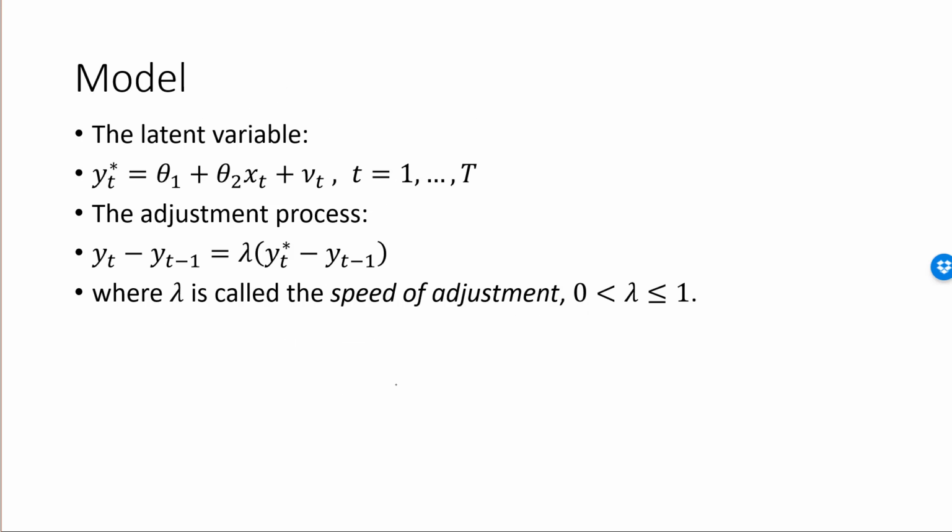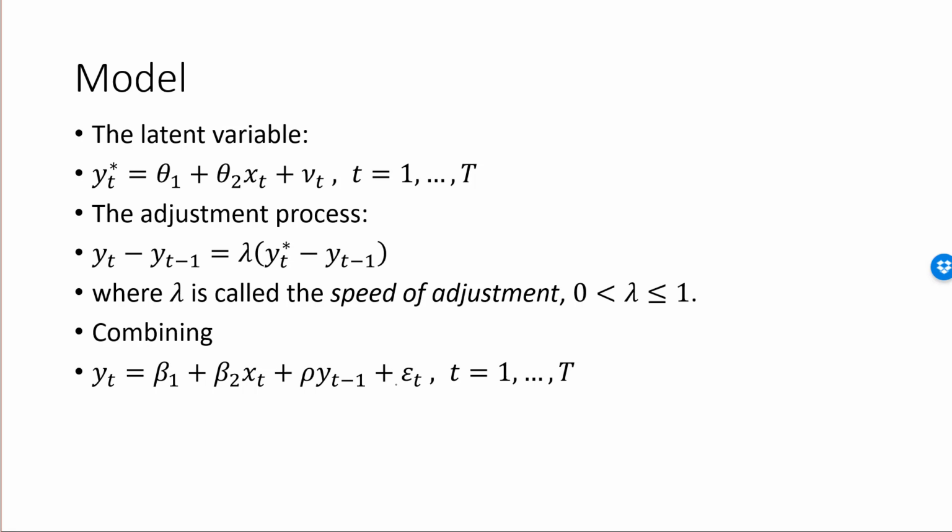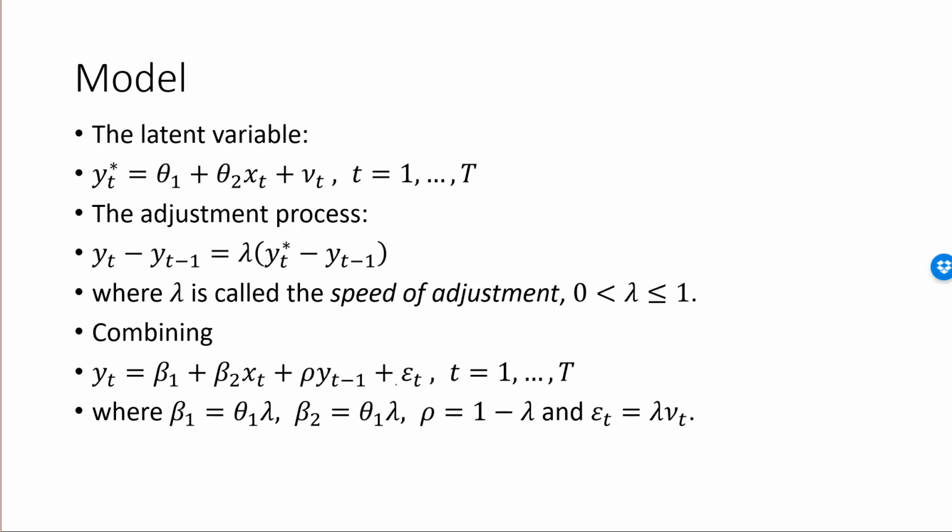So just to summarize these results, if I combine these two equations, I get the ADL 1,0 model, where I have defined beta 1, beta 2, and rho as functions of the original parameters of the model, and I've defined a new sequence of error terms epsilon t.